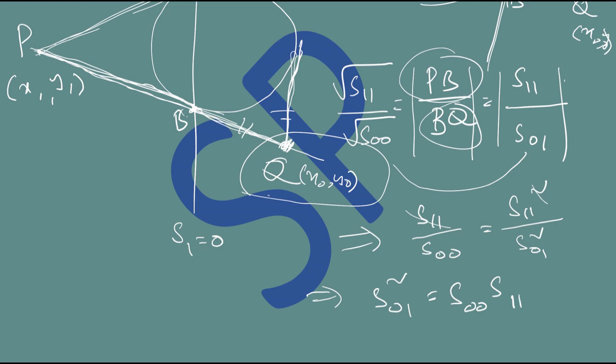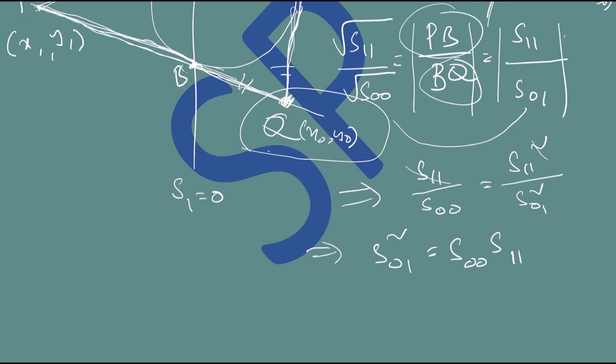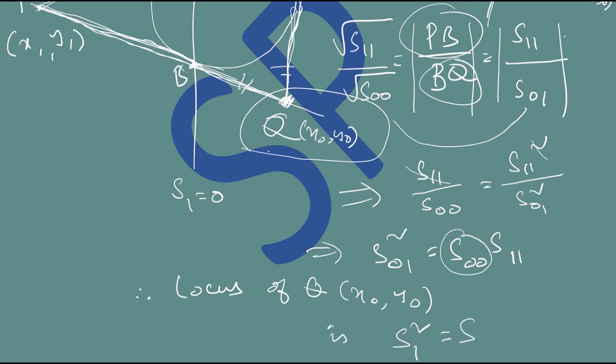Now writing the locus of Q(x0, y0), what do you get? Observe that in place of x0 and y0, I write x and y. Then the LHS becomes S1 square is equal to, this becomes S only, and that is S11.